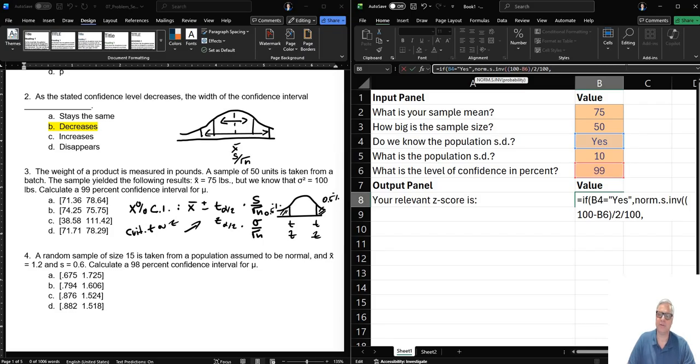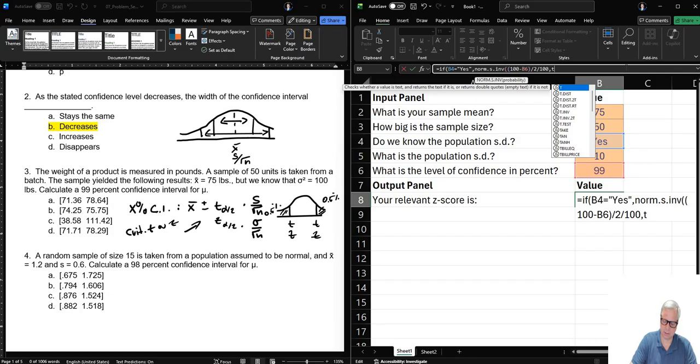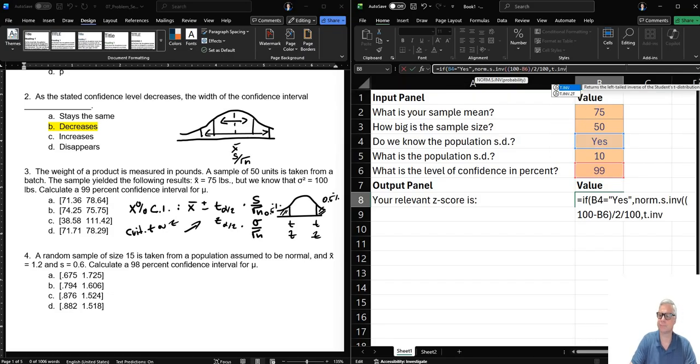Okay, but if the user says no, then we have to use the t-score. And for the t-score, we have a similar formula, but we need also the degrees of freedom. So then we would enter T.INV, open parentheses.